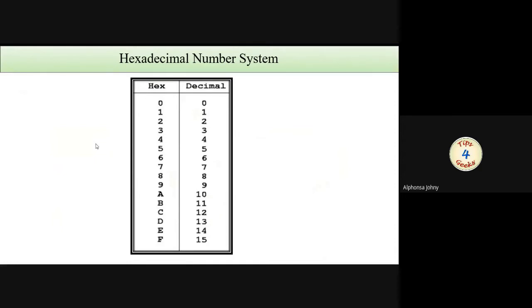Then 10 in the decimal number system is written as capital letter A in the hexadecimal number system. 11 is represented as B, 12 as C, 13 as D, 14 as E, and finally 15 as F. So F in the hexadecimal number system means 15 in the decimal number system. So 0 to F, these are the different symbols available with the hexadecimal number system. Instead of 10, we are using A, similarly up to F.